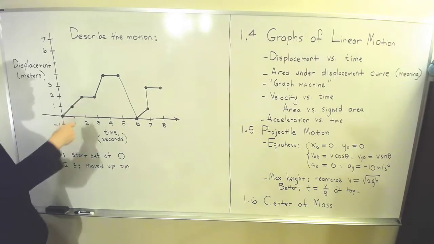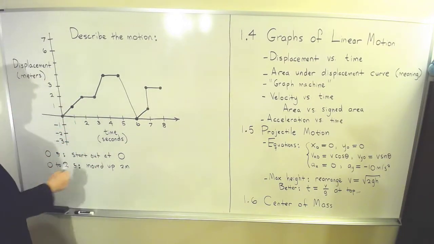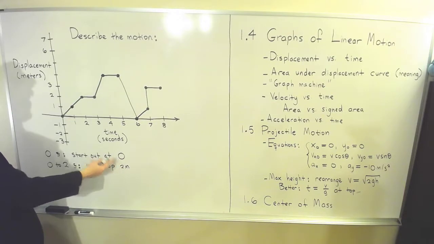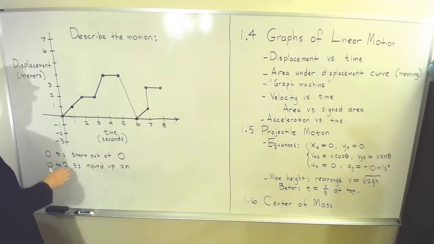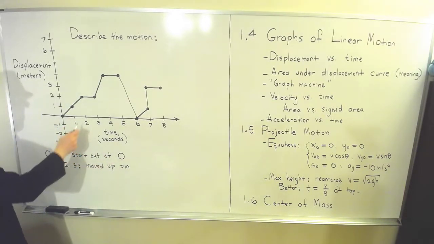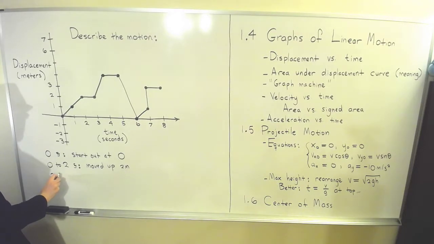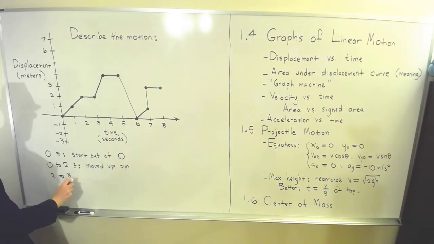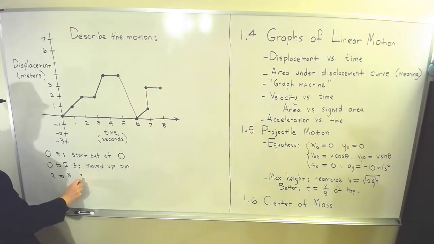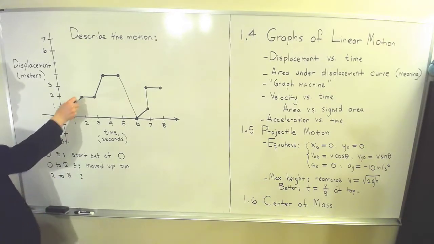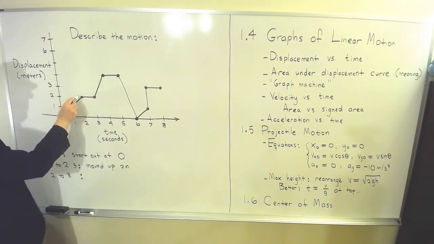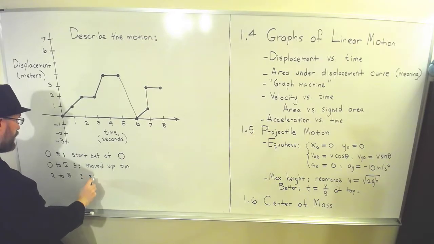And then in the next second, you move another meter, exactly. So you moved up 2 meters at a constant velocity, and I'm not going to write the rest of those words. Now between 2 and 3 seconds, you're stationary. See, you don't move at all, you stay at 2. So you're stationary.